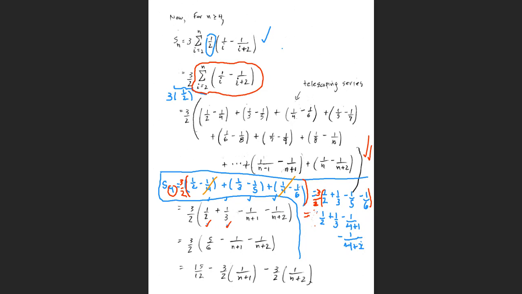You see, you have the 3 halves, the half and the third, and then minus 1 over n plus 1. Well, n is 4, and you have 4 plus 1 for the fifth, and then the sixth is 4 plus 2.